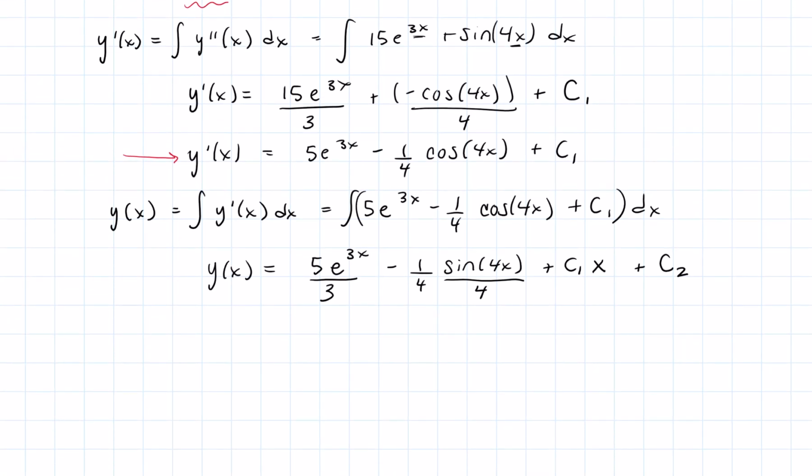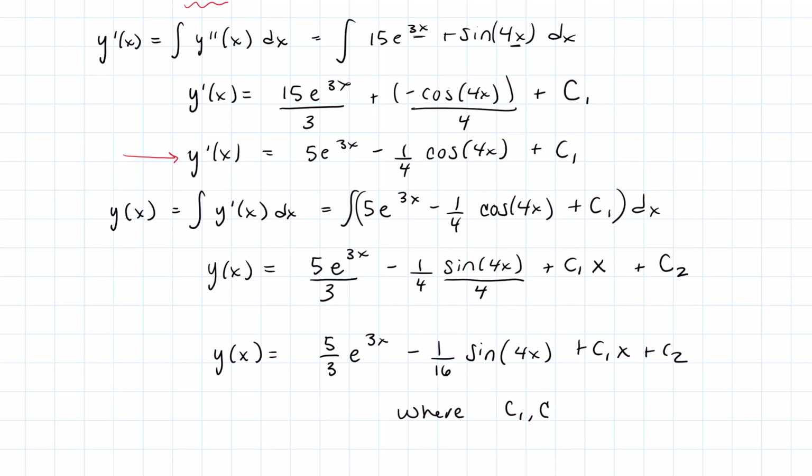Now, there's not a whole lot to simplify here, but I will rewrite it because it'll be our final answer, because we've now found the function. It's 5/3 e to the 3x. We end up with a minus 1/16 the sine of 4x. And we've got that C1x plus C2, where C1 and C2 are constants.